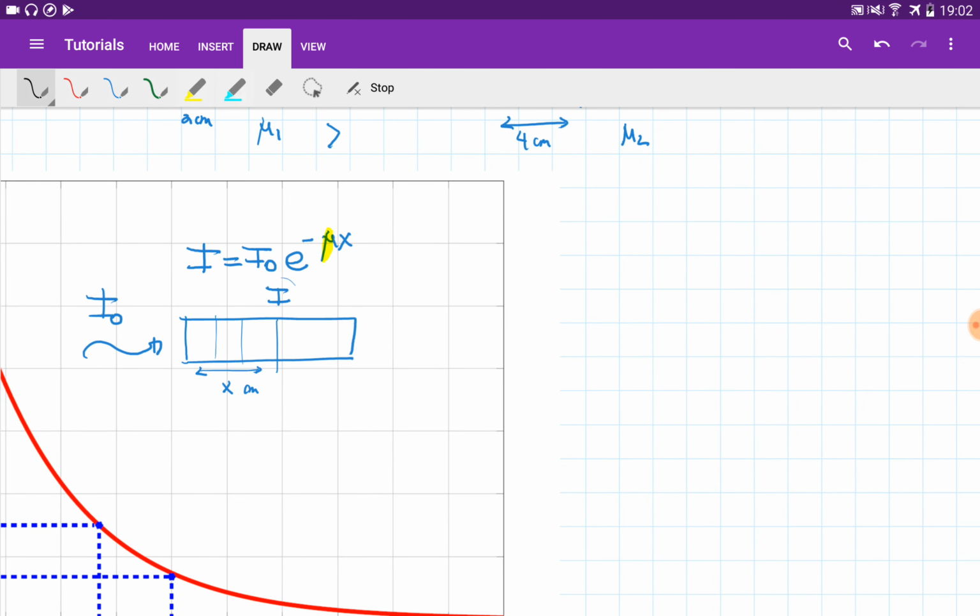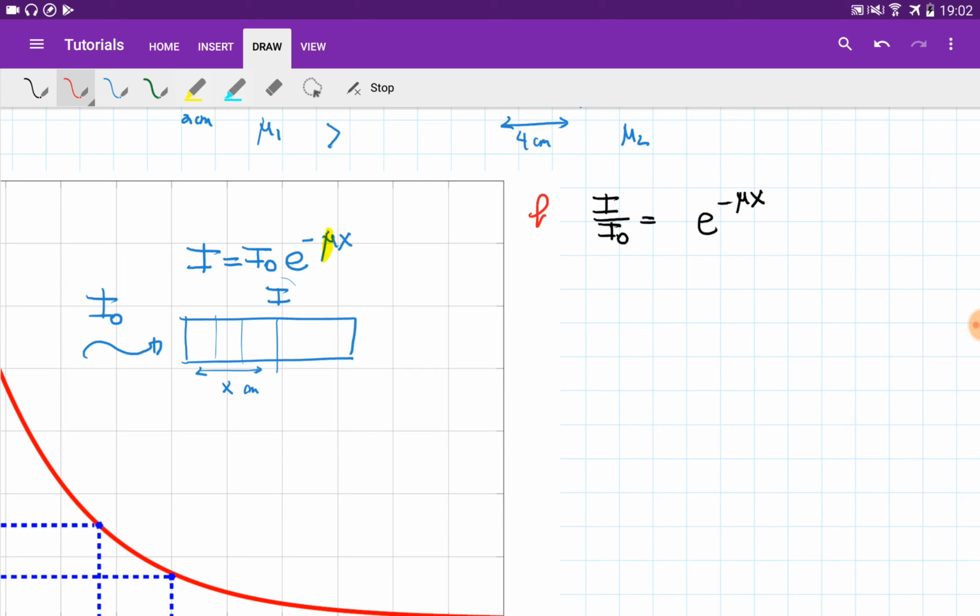In order to do this, we just need to do a couple of simple mathematical operations. I'm going to divide both sides of this equation by I0, so I over I0 is equal to e to the power of minus mu x. You see, this mu is in the power of the exponential, so I need to get rid of this e.